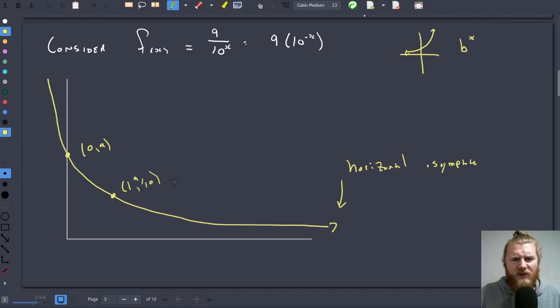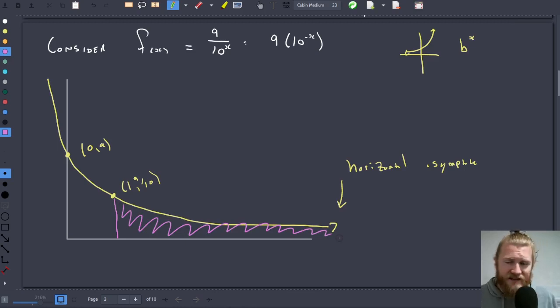What we're going to notice is that if we think about the integral from 1 to infinity, we're going to be thinking about this shaded-in area. Now, this horizontal asymptote is super important, because if it wasn't there, then we could pretty much say that this integral is going to diverge.